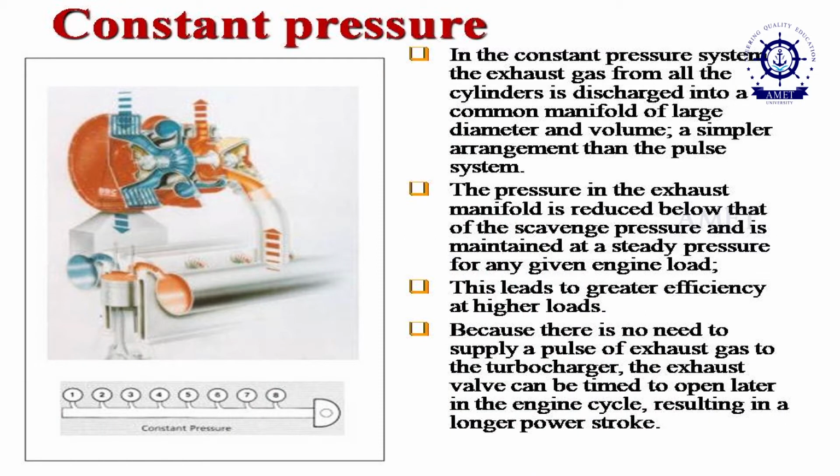So, in an auxiliary engine, typically whenever there is a change of load, there is something called jet assist air. Now, what is jet assist air? It is air which is being supplied from the starting air system and it is given to the scavenge side.